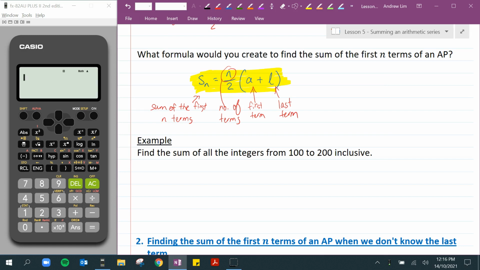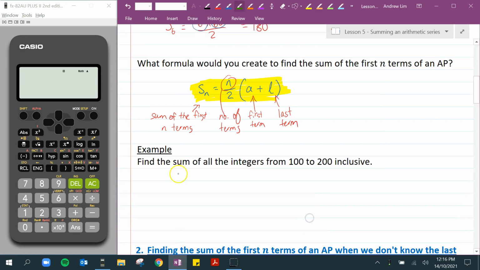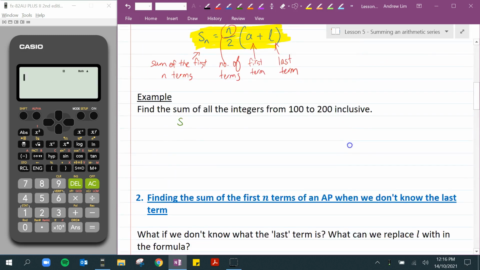So here's an example. Find the sum of all the integers from 100 to 200 inclusive. So if we want to work out that, we need to actually work out how many terms there are from 100 to 200. Now, you might be tempted to think there's only 100 numbers, but you'd be incorrect.